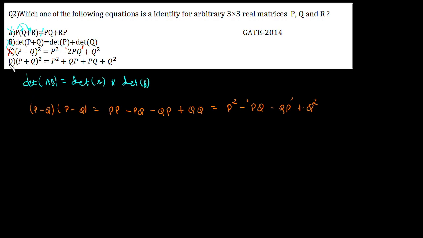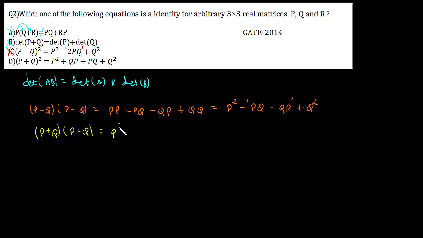Now the last option, D, which is of course correct, because A, B and C are all wrong statements, so D must be correct. Let's write it here: P plus Q times P plus Q, because here also they have squared this whole term. Let's do the same procedure.